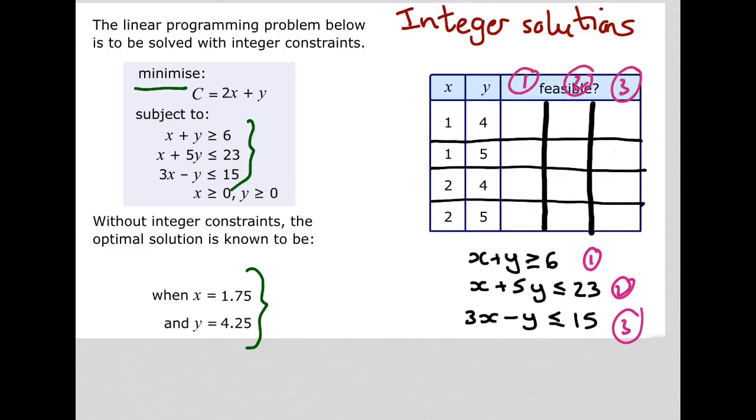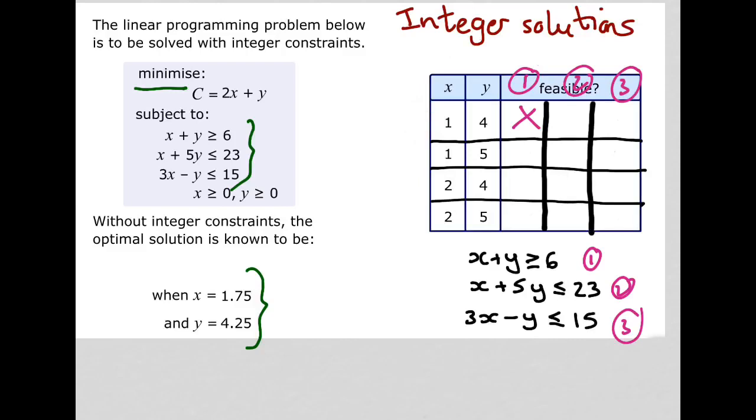So let's look at inequality 1. 1, 4. 1 plus 4, no, it's not greater than or equal to 6. So I'm going to put a cross there, and there's no point even considering the other inequalities for 1, 4. It does not lie within the region. It actually fell outside for that one inequality.